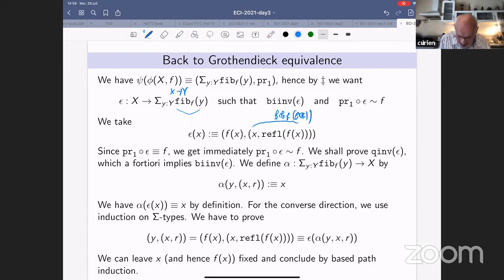This is a member of the fiber at F of X, and this function is defined properly.